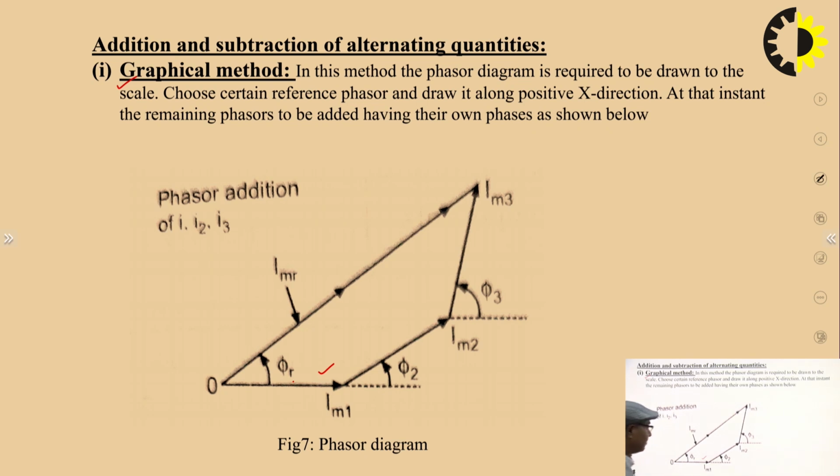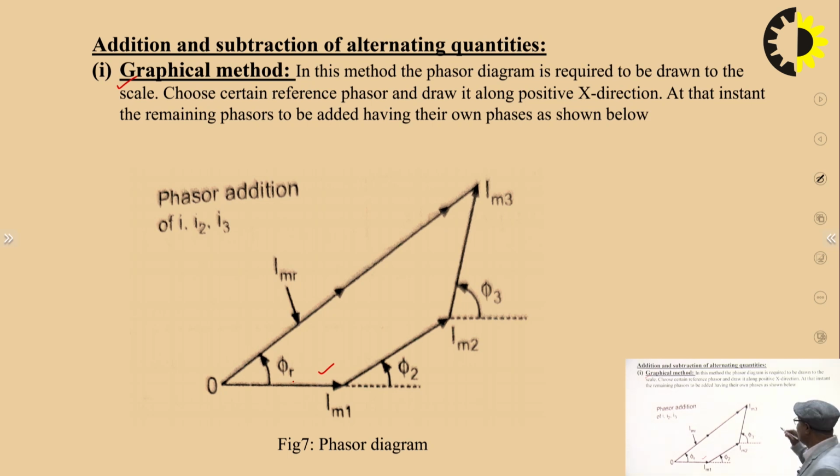You have gone through vector addition, where there are many vectors. You can add them by taking one as a reference and drawing the others from the end of the previous vector, so that their phase angles are as given in the quantity.